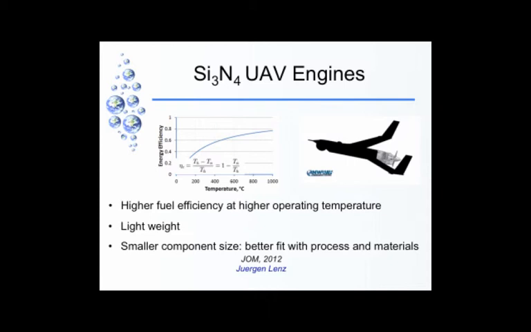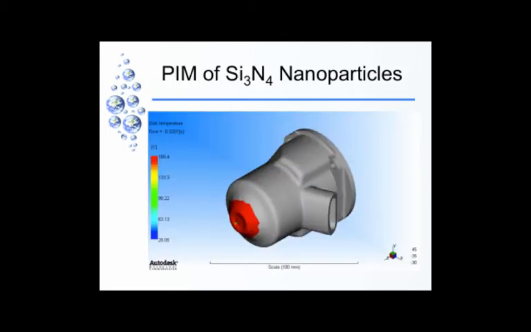What allowed us to explore it for UAVs is, now you're making an engine that's about this small as opposed to an engine that's big, and so it's easier to control component size precision in this range for ceramics than in this range. And so we thought between the part being smaller and there being no passengers to sue in case the engine breaks down, this would be a good fit to try out, okay?